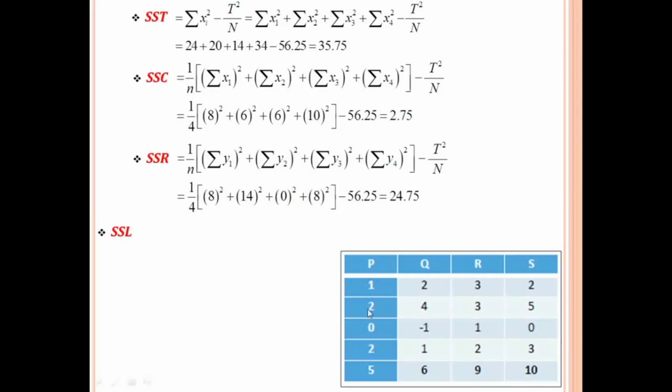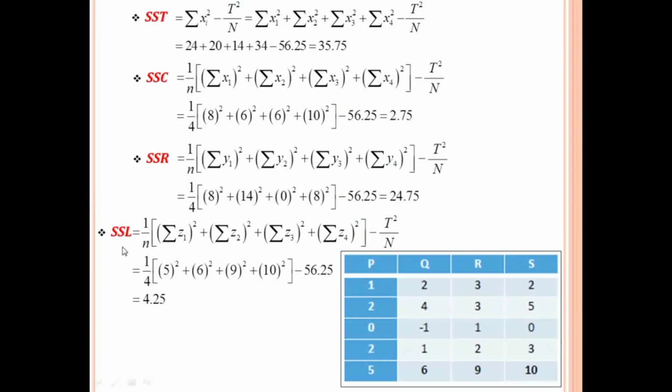After that, adding these four values, we consider the P notation as Z1, Z2, Z3, Z4. So we get the sum of Z1 equal to 5, the sum of Z2 equal to 6, similarly the sum of Z3 equal to 9 and the sum of Z4 equal to 10, divided by the sample size 4 letter wise.